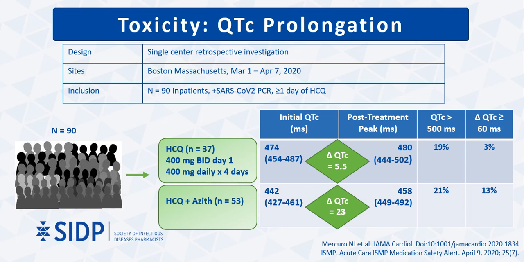However, delta QTc greater than 60 milliseconds happened more often in patients who received a combination of hydroxychloroquine and azithromycin, which is certainly concerning because we know that both of these agents can prolong the QTc interval. And one patient among this group of 90 actually had torsade de pointes, which led to discontinuation of this therapy.